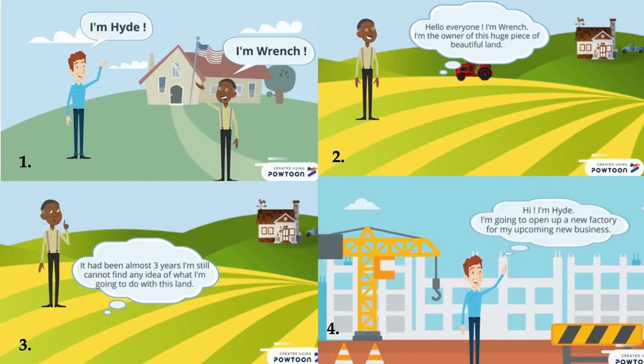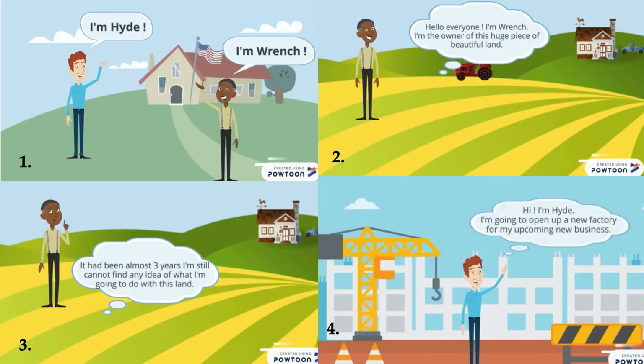Got it? He has a big land. In the third picture we can see that he has been looking for people who can match up to the price of that land. He is not able or not willing to come down on the selling price of the land at any point. He has fixed a price for the sale and he wants to stick to that price. He does not want to negotiate the price of the land.